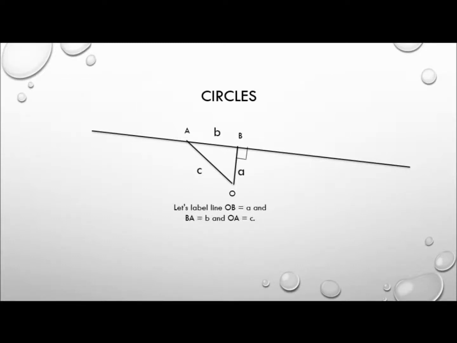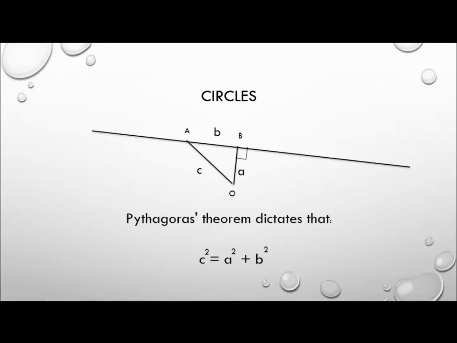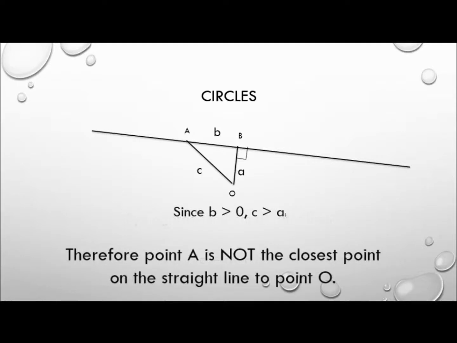Now let's label the line OB as a, and BA as b, and OA as c. Pythagoras' theorem dictates that c squared is equal to a squared plus b squared. And since b is bigger than 0, then c must be bigger than a.